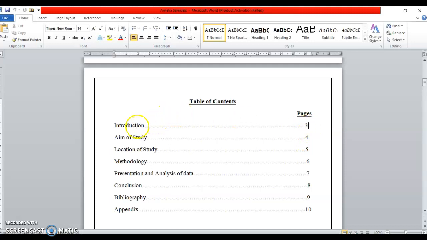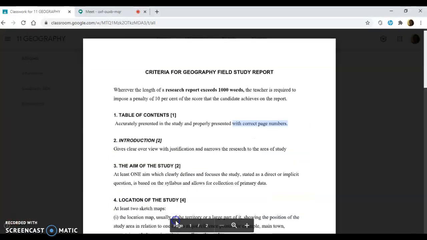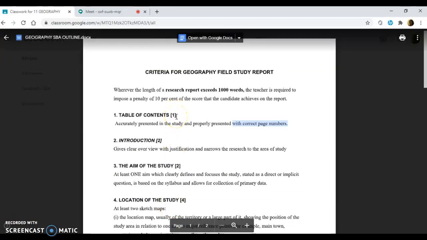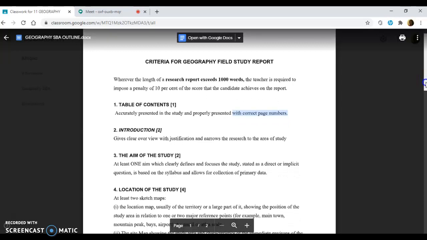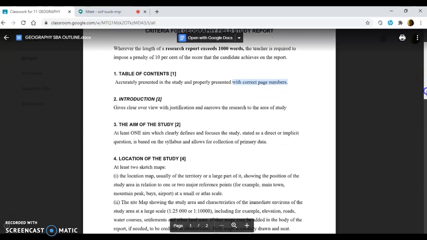So if I go to the introduction, I should see page 3. If I go to page 7, I should see presentation and analysis of data. So the page numbers must be accurately labeled for you to get that 1 mark, and every single mark is important with your SBA.